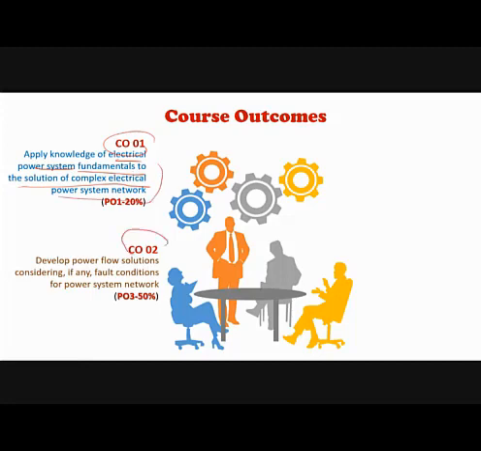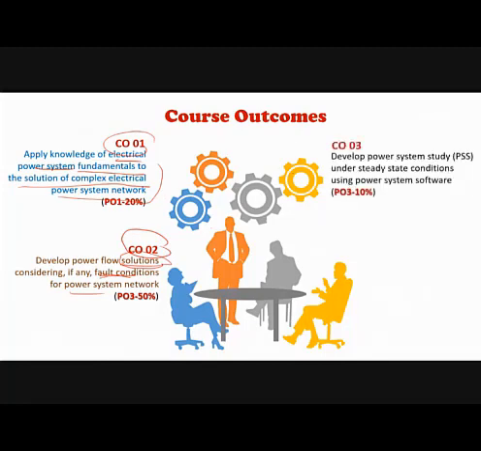CO2 is students can develop power flow solutions considering faults, if any, in the power system network. This is CO2. Okay, this CO1 and CO2 usually will be covered in the test and final exam. So this one is theoretical.